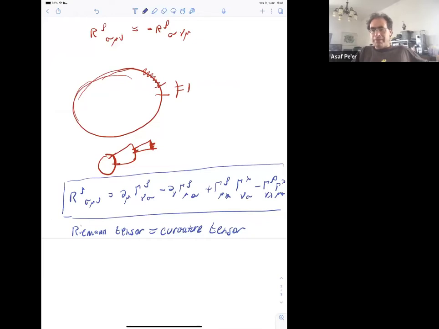So really, if we know the metric, we can take the first and second derivatives of the metric and we get the curvature tensor. So everything we need to know about the properties of the space is embedded in the metric.